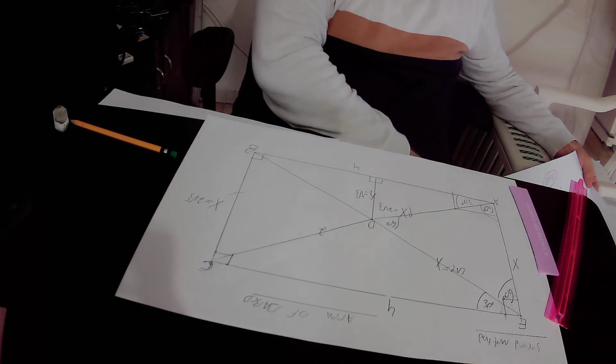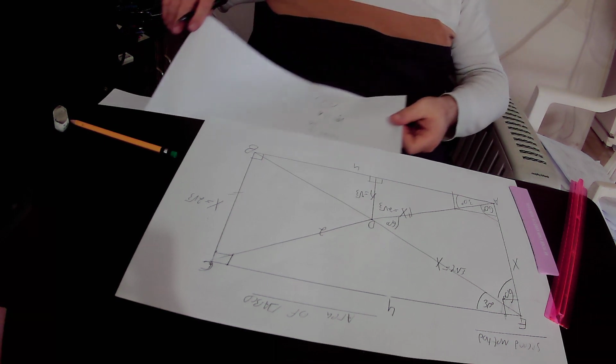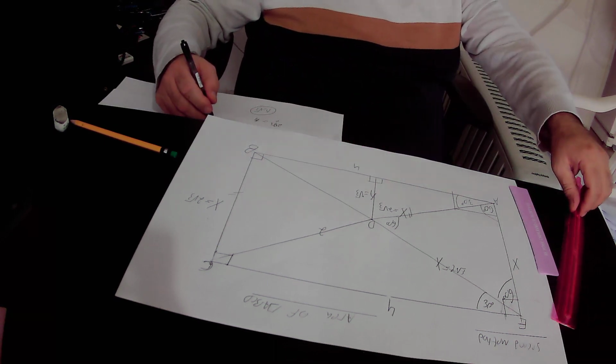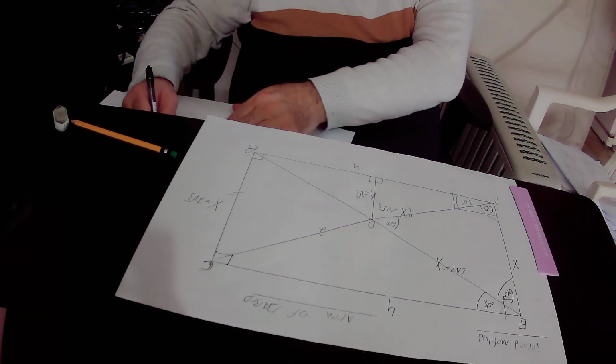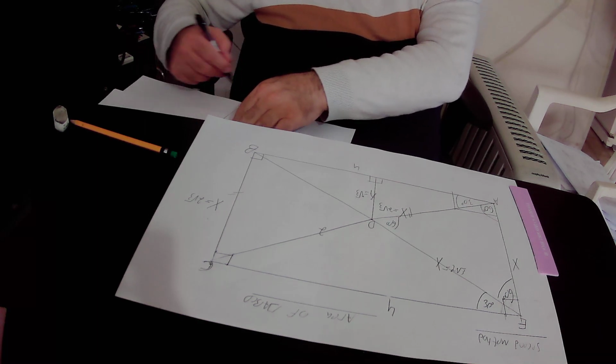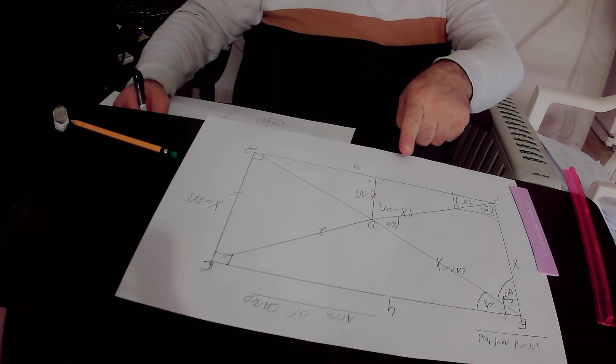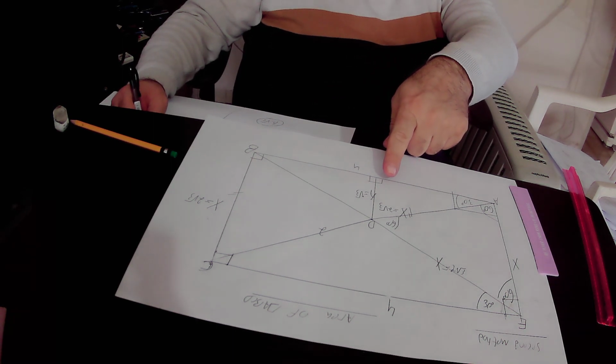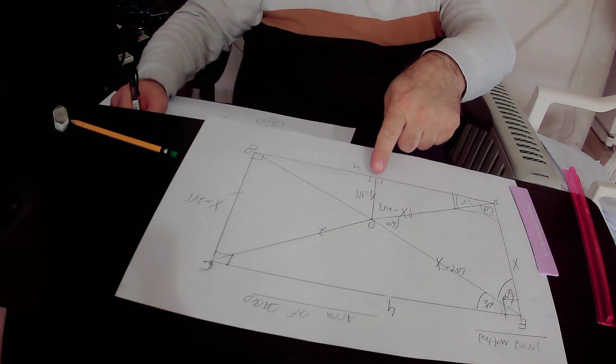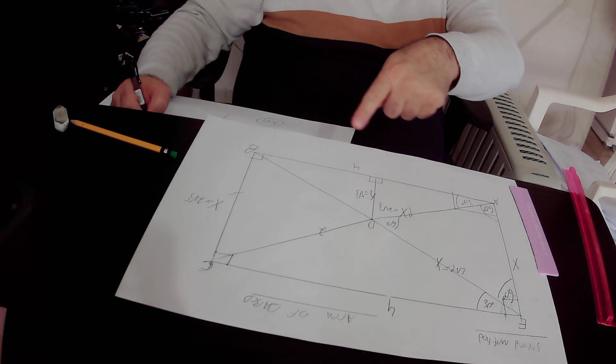Therefore, the area of triangle ADB equals AB, that is 4, times the height, that is square root of 3, over 2.